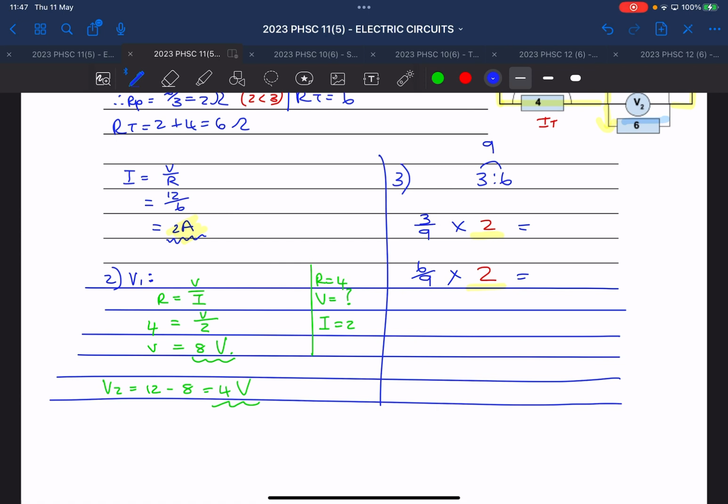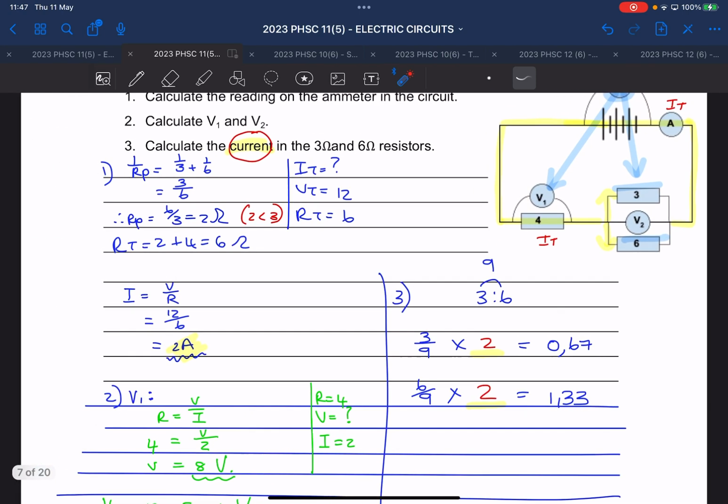So 0.67, and the other one? In your head, 2 minus 0.67. It's 1.3. Now you can see I didn't write amperes because if we use our common sense, we know that because this resistance is smaller, the bigger part of the current will go through there.